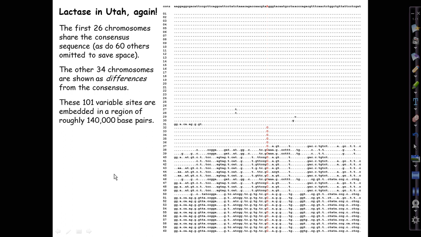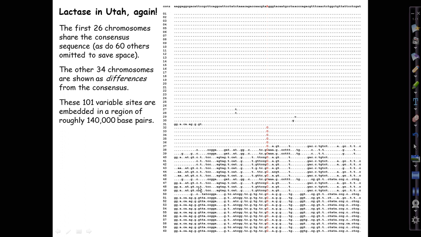This just describes what we've seen before. I'll just emphasize again that these 101 variable sites are embedded in and span over a large region of roughly 140,000 base pairs. So the vast majority of this region is completely identical in all the chromosomes.